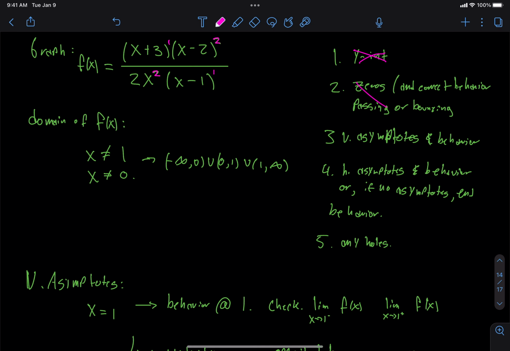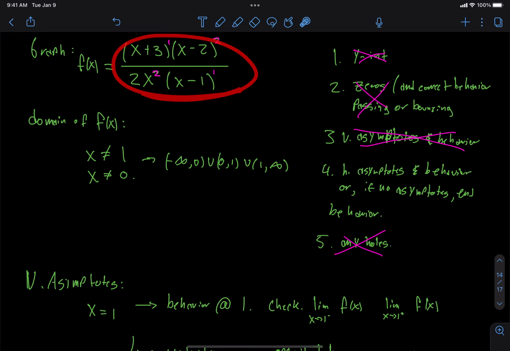So that's that. And what else do we have to do? We did the zeros. We did the vertical asymptotes. There's no holes. Why are there no holes for this one? When do I have a hole? It happens when I have a common factor from the numerator and denominator.